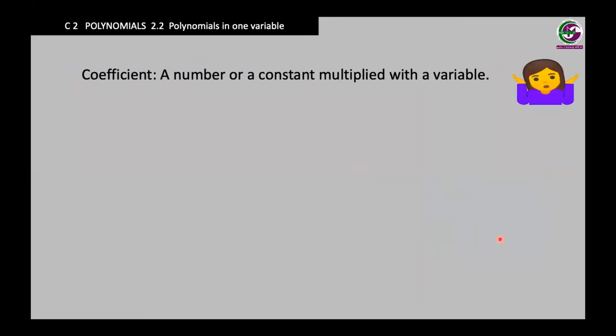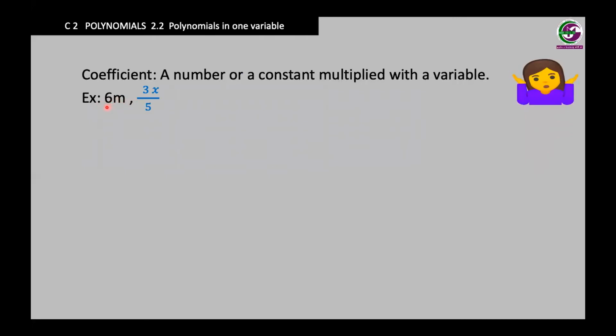Okay, now let's see the term coefficient. What's the meaning of coefficient? Coefficient means it is the number, or sometimes they use it as a constant k or a. A number or a constant multiplied with a variable is called a coefficient. Look at this one. 6m is a term. In this term, 6 is the number.